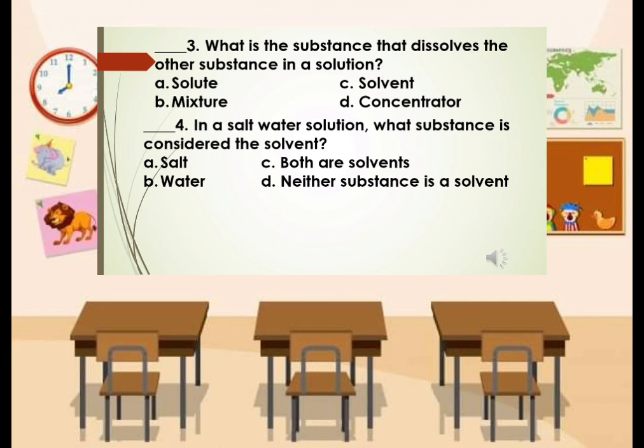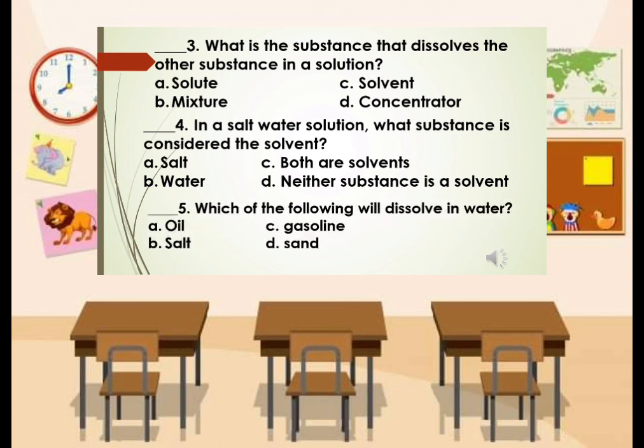A. Salt. B. Water. C. Both are solvents. D. Neither substance is a solvent. Number 5. Which of the following will dissolve in water? A. Oil. B. Salt. C. Gasoline. D. Sand.